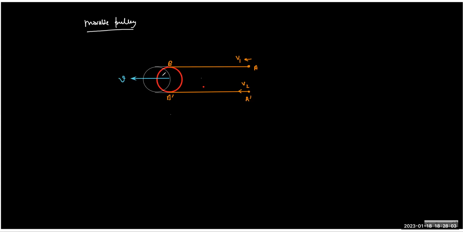If the pulley moves by x, then how much string will stretch? The string needs rope from both sides, right? X from here and X from here, both, right? Then only it can move, isn't it? So to move the pulley by x, we need 2x rope.